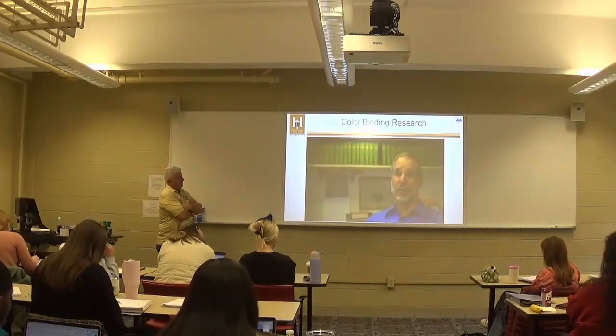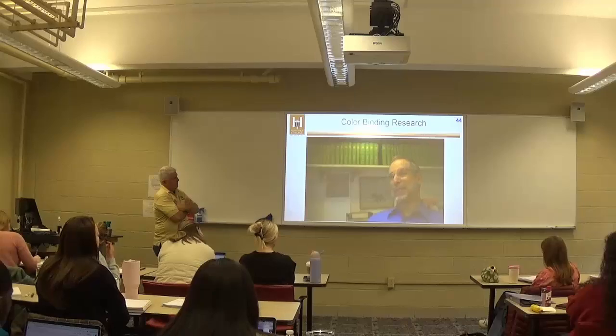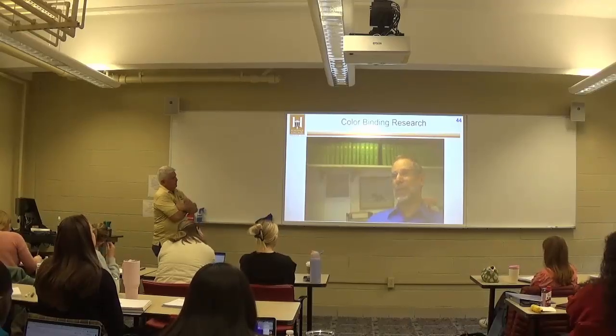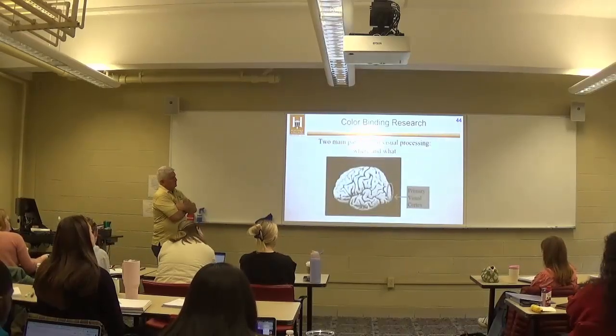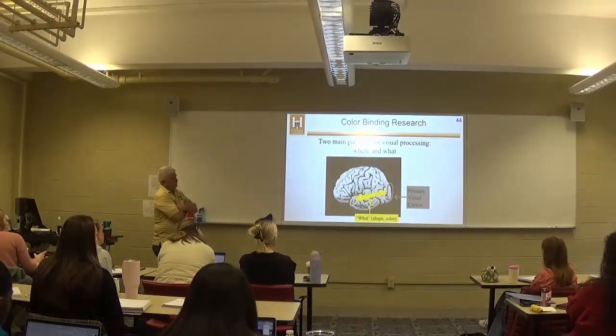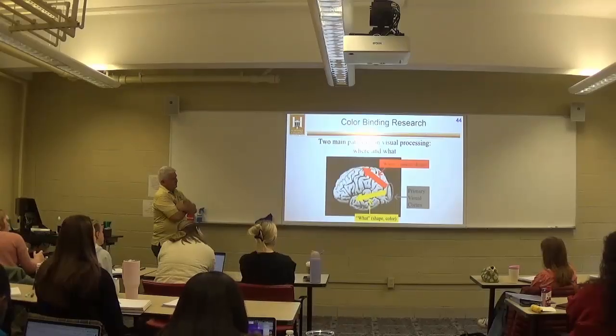Another aspect of color vision that we often don't appreciate is that the different features of an object, for example, its shape, its color, its motion, its distance from us, those can be represented in different parts of the brain.